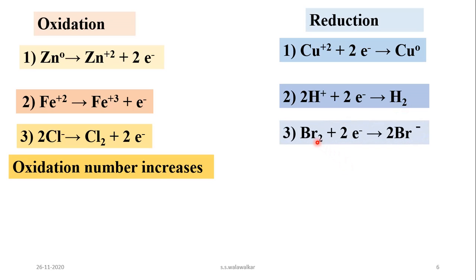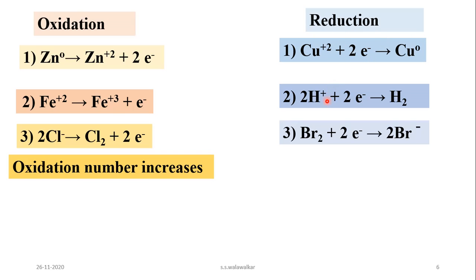Or a bromine molecule, when it accepts 2 electrons, forms 2 bromide ions. So in all these processes electrons are gained, electrons are accepted by the species, and therefore all these are examples of reduction. Now here copper has oxidation number +2, but when it accepts 2 electrons, its oxidation number is decreased from +2 to 0 due to gain of electrons.